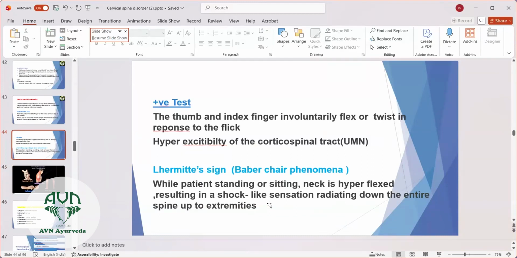The neck is hyperflexed, resulting in a shock-like sensation radiating down the entire spine up to the extremities. The test is called Lhermitte's sign.